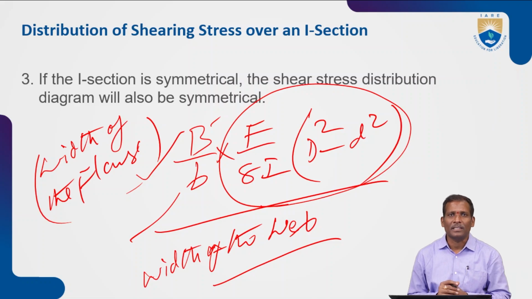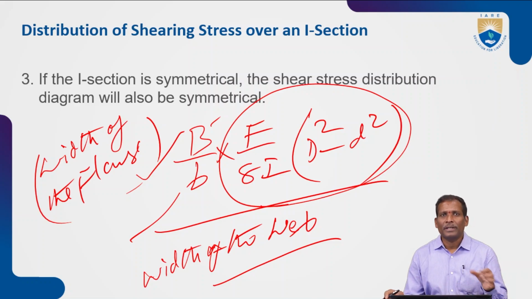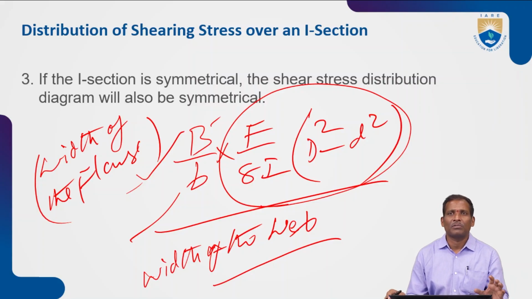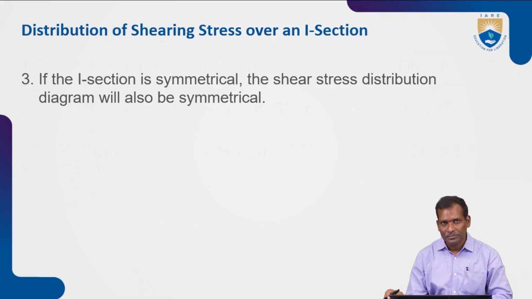So like this, how to attempt the question: the distribution of shearing stress over an I section. Here we have taken the I section. You may explain for another section, the T section, following the same method. So like this, you can write the answer for the given question.